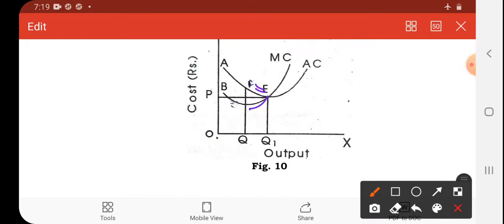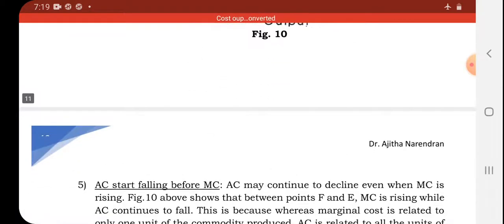So marginal cost starts increasing before the average cost curve, and at the point where average cost becomes minimum it equals marginal cost. After intersecting, the average cost curve starts increasing.